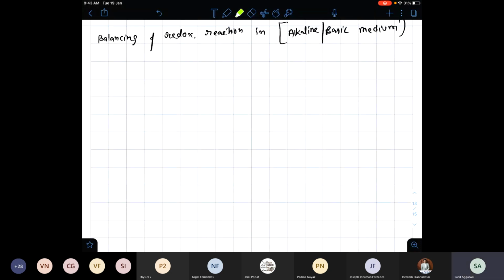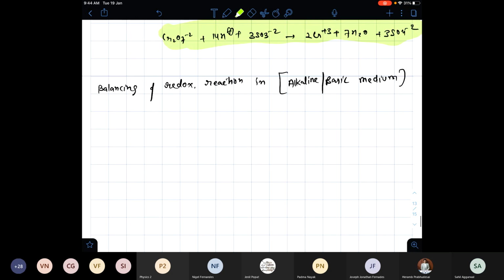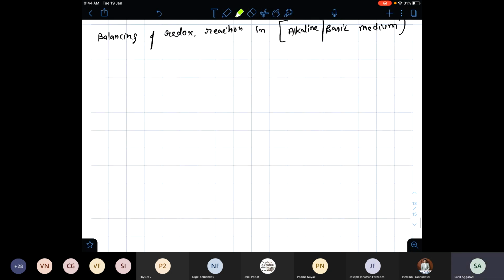Now, balancing of redox reactions in acidic or alkaline or basic medium. In acidic medium, oxygen is balanced by water.